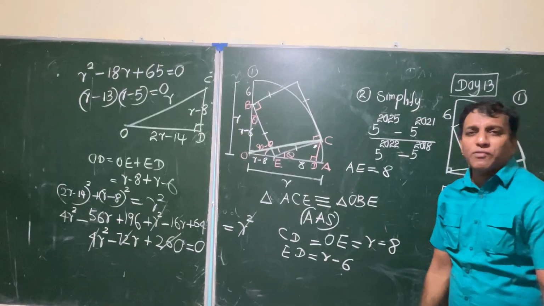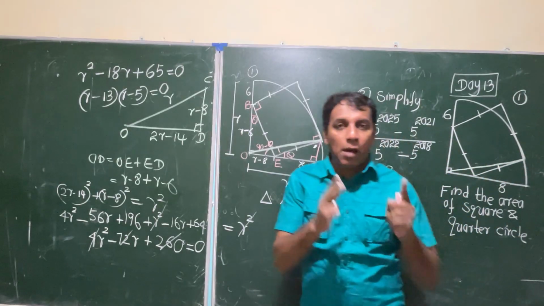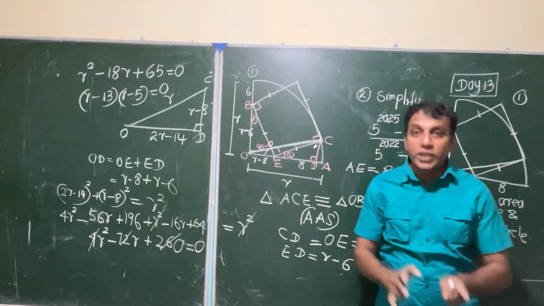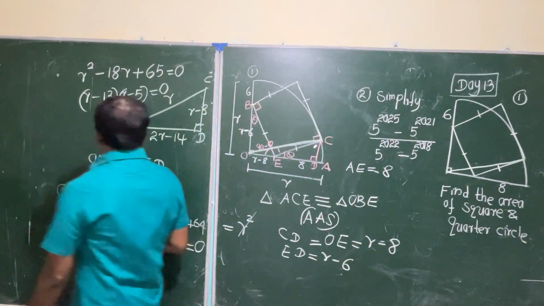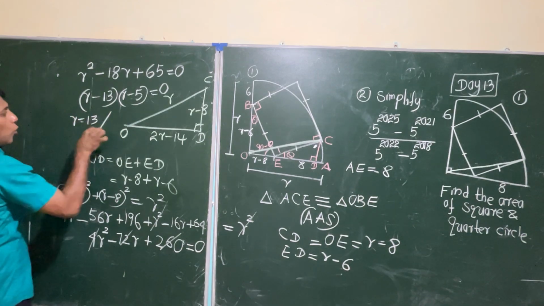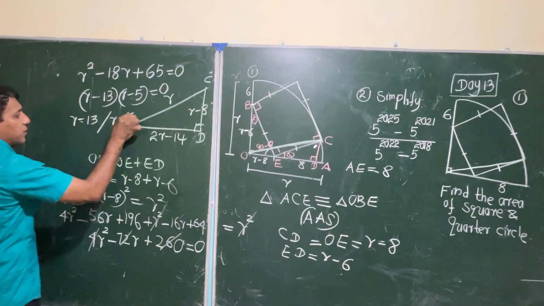Two factors, therefore the product of two or any number of factors equal to 0 means one is 0 or the other is 0. Therefore R equals 13 or R equals 5.